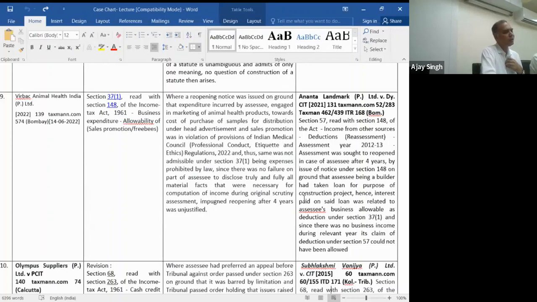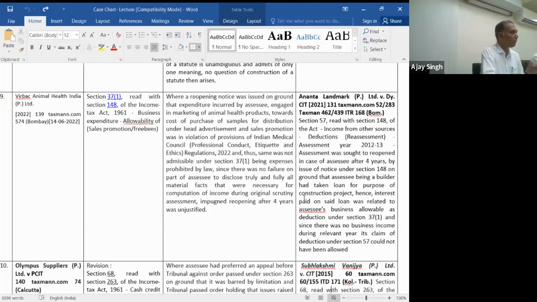This decision, I feel, is also very important, because in the new regime also, if they want to relook at a matter merely based on some information, one needs to understand that under the new regime of reopening, 148A also, they cannot reopen or review a decision which has already been taken.